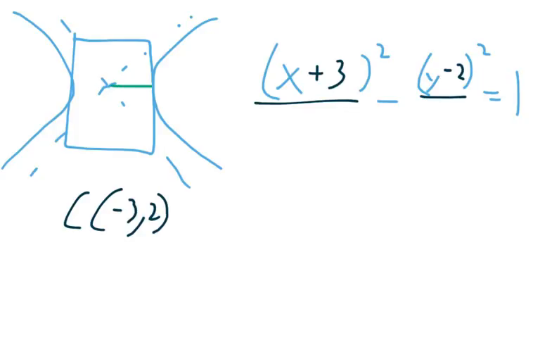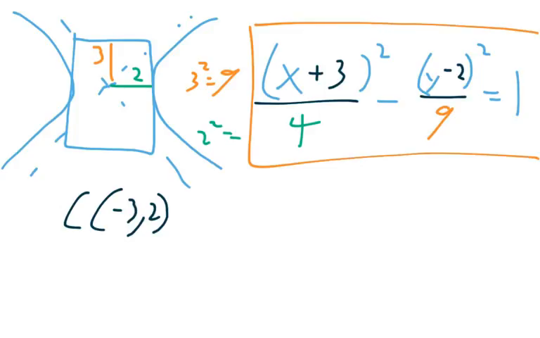Now the distance from here to here, if I count, goes from -3 to -1, so that's 2. So 2 squared is equal to 4. And the distance up, from 2 to 5, is equal to 3, which means 3 squared is equal to 9. And so I put a 9 underneath here. And there's my answer.